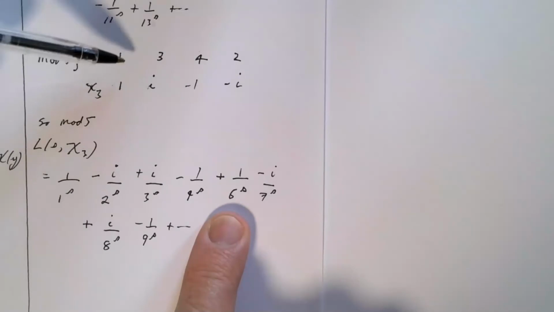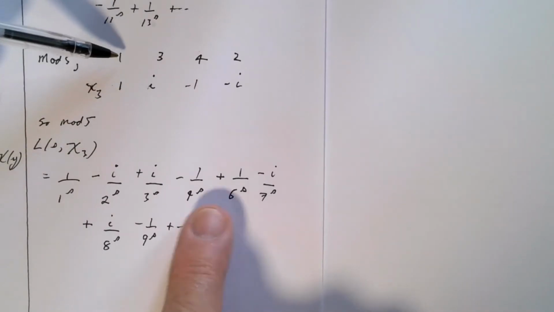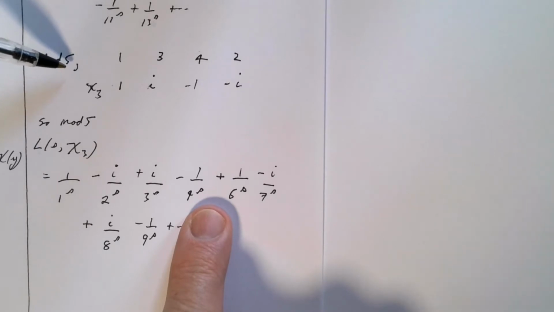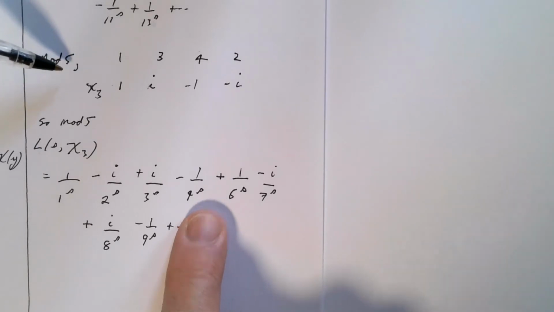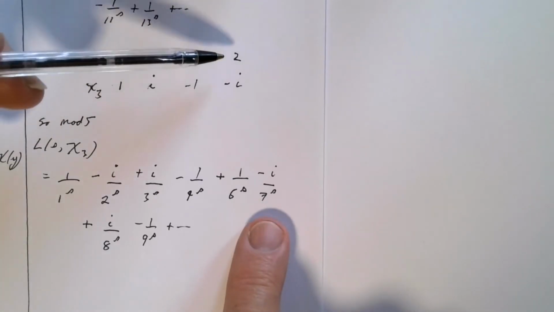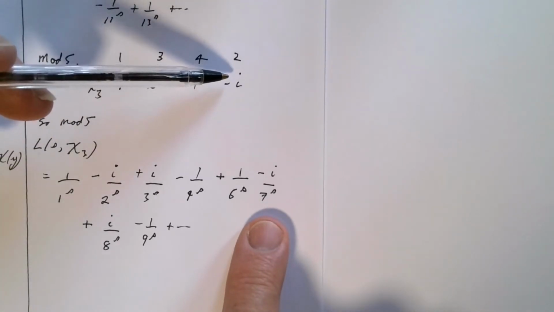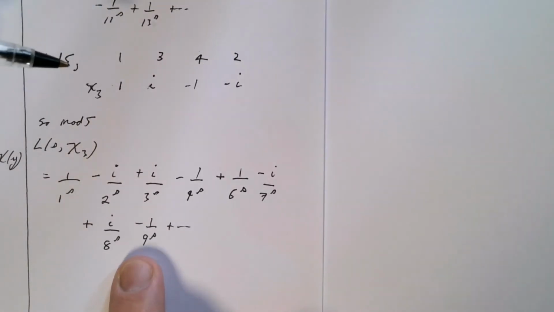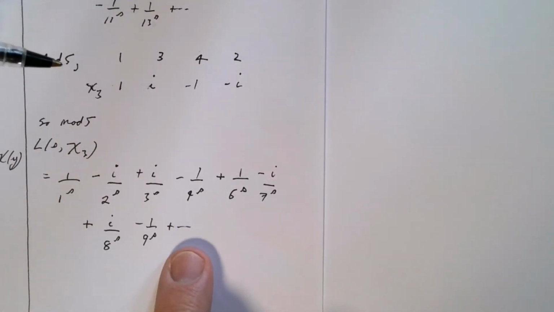There's no 5, of course, because 5 is 0 mod 5, so its Dirichlet character value is 0. So we get 1 on 6 to the S, and then it just cycles through, -1 on 7 to the S, +1 on 8 to the S, -1 on 9 to the S, and then the next one would be 1 over 11 to the S.